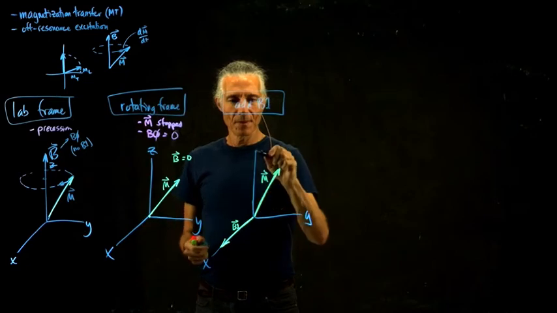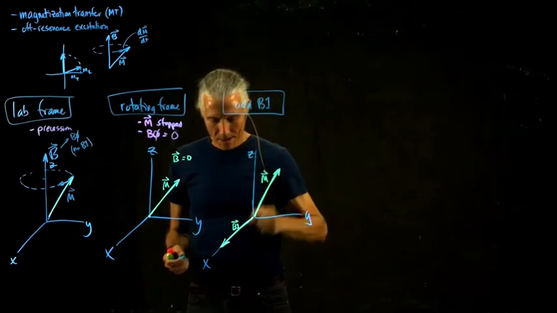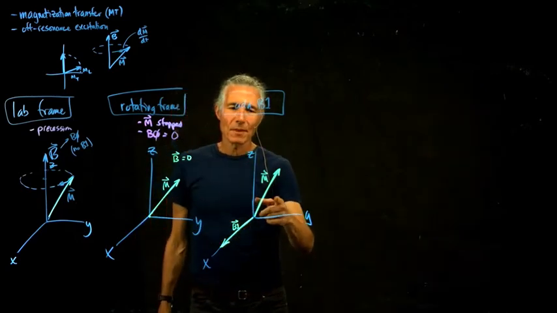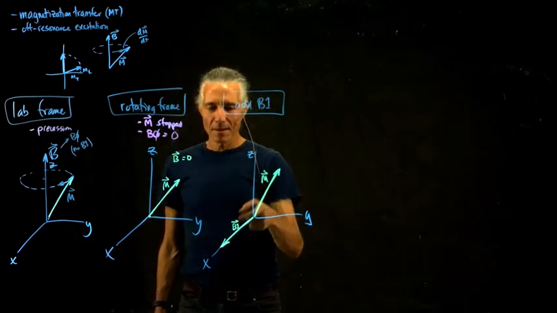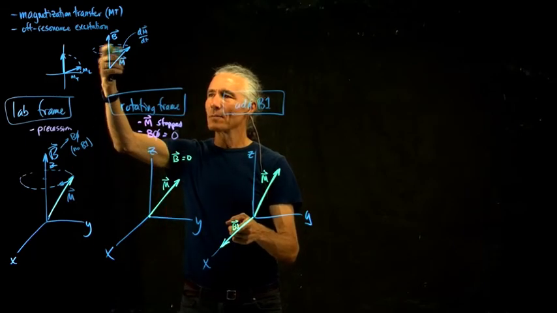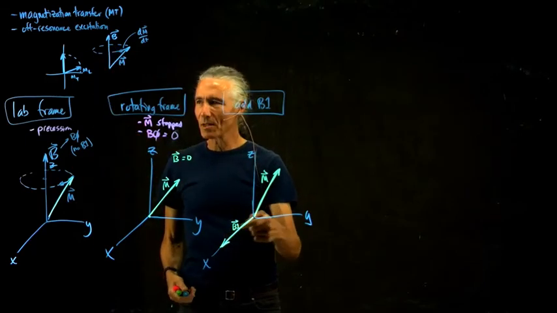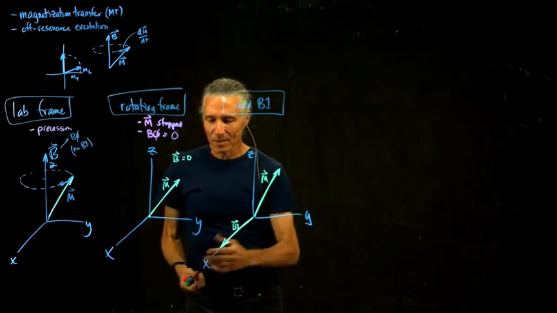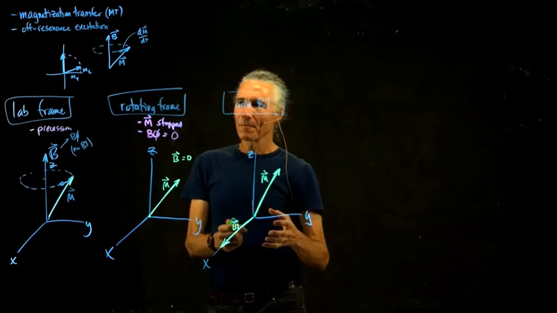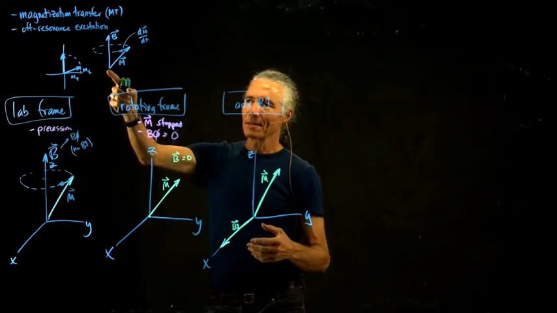We're going to get precession around the B field, just like in the precession case, except now the B field's along the x-axis. So the trick is you can sort of think of a flip just like a precession.